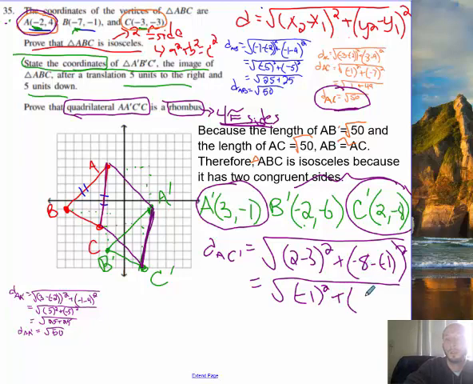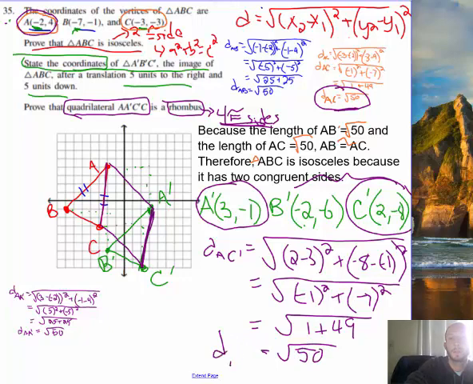Negative 8 minus negative 1 is negative 8 plus 1, which is negative 7 squared. Things are now going well because I got the square root of 1 plus 49, which is the square root of 50, which is what I know I needed. So the distance from A prime to C prime is that.